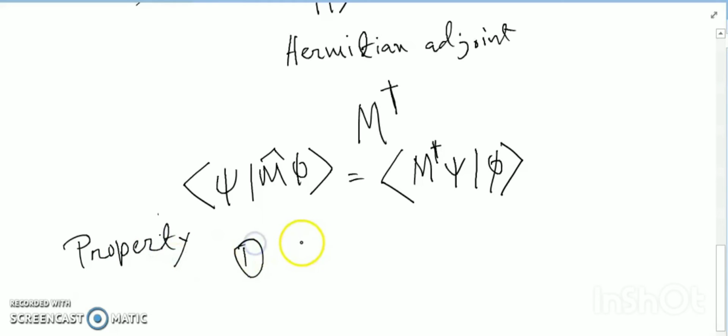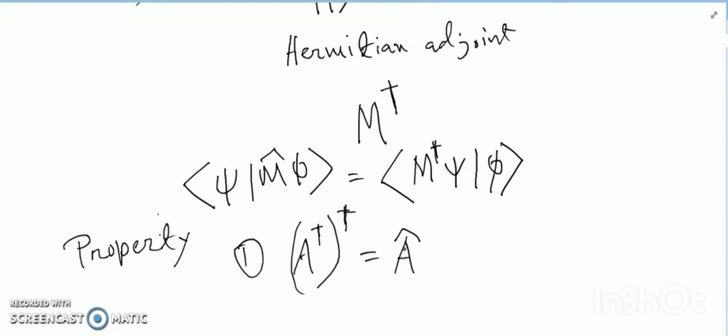Number one, the Hermitian adjoint of the Hermitian adjoint is the operator itself.